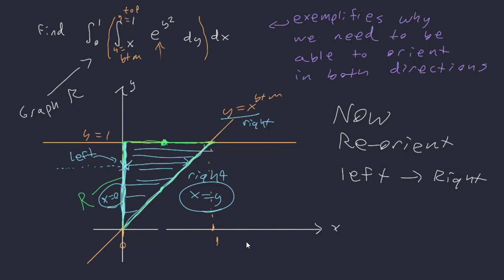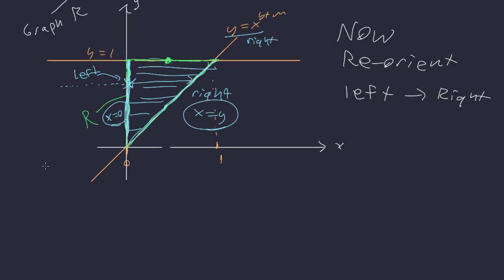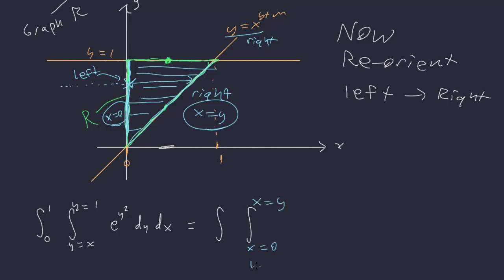Okay, so when we set up this integral now, right, in terms of x on the inside, okay, so now I just rewrote the integral here. Now my inner integral is going to go from x equals 0, right, that's what this vertical line is, to x equals y. So the left to right.